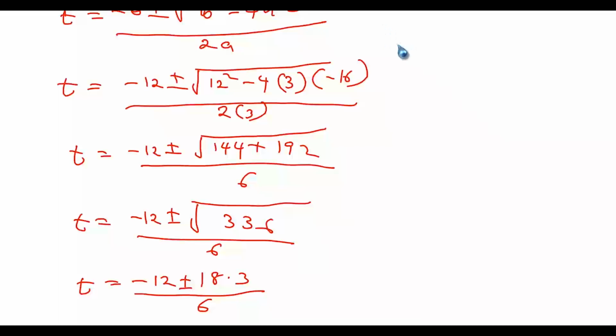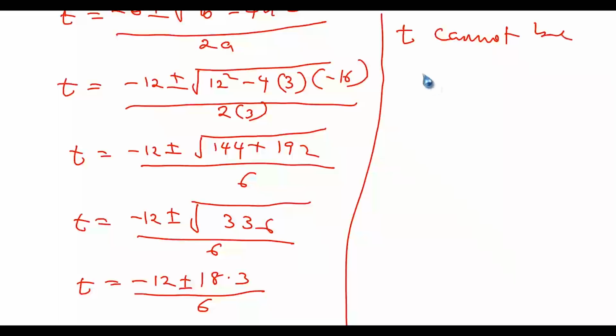So t, okay, let me divide this into 2. We know that t cannot be negative, so we are going to neglect only one, so that we will say t is equal to minus 12 add 18.3 over 6.